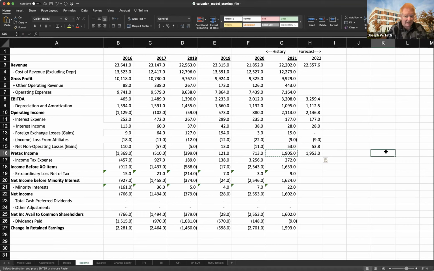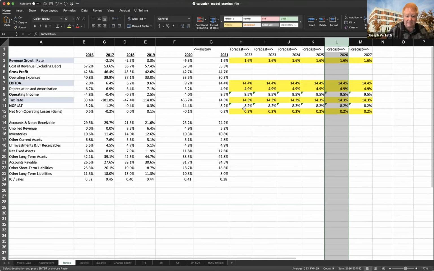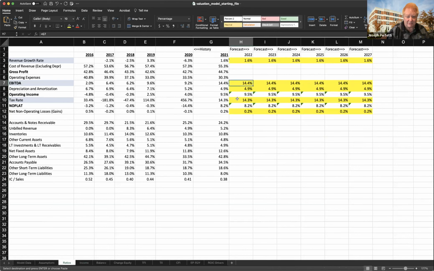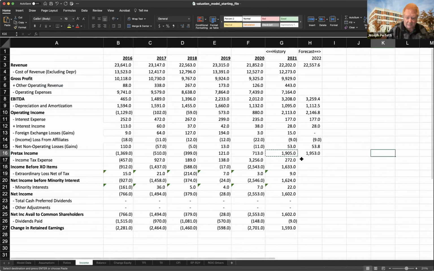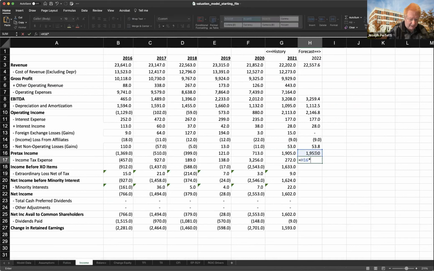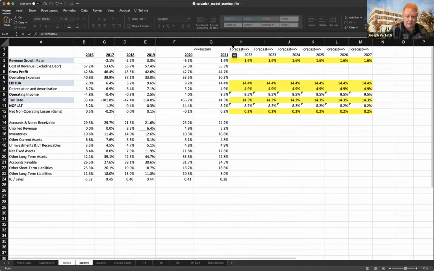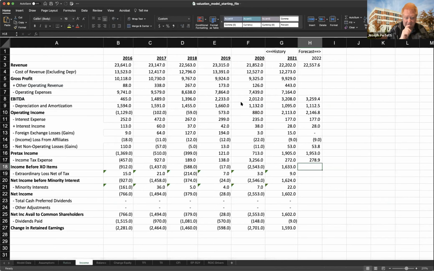Now, assuming you got that income, we have to say, okay, on 1,953,000,000 euros of income, we'd have to pay tax. Well, our tax rate is 14.3%. Okay. So here's what we're going to do. We're going to say for taxes paid in 2022 equals the pre-tax income, H16, times from the ratios, 2022 tax rate, 278.9.